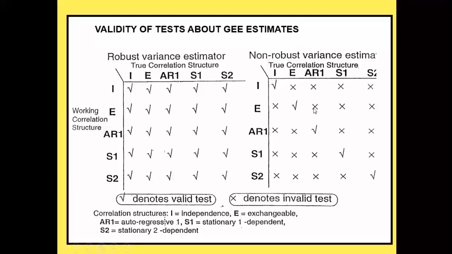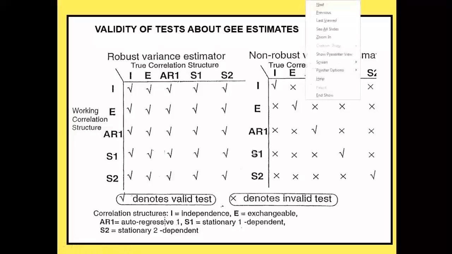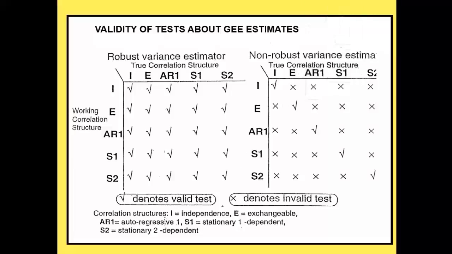Is there an X over here, a check over here, and why is there a check here and a check here? Why is there a check here? Because what you're doing here is you're choosing a working correlation structure to be exchangeable, and if it turns out that the true correlation structure is exchangeable, then you're doing the right thing. You're making a valid estimate.